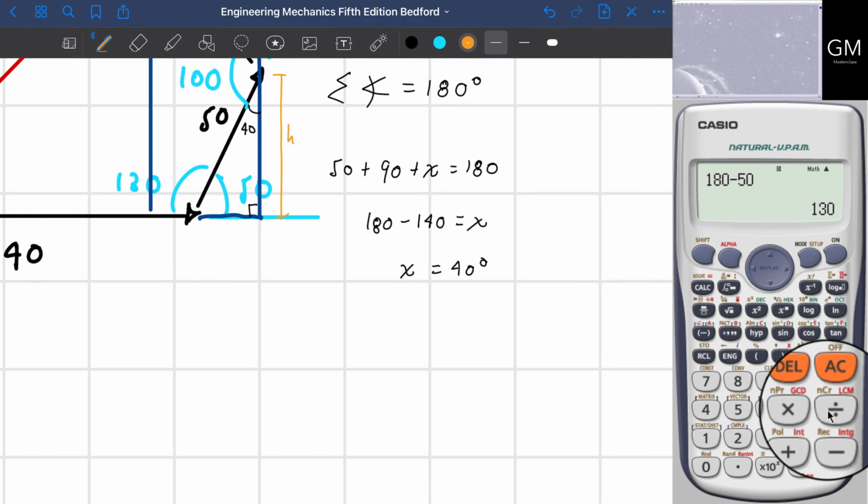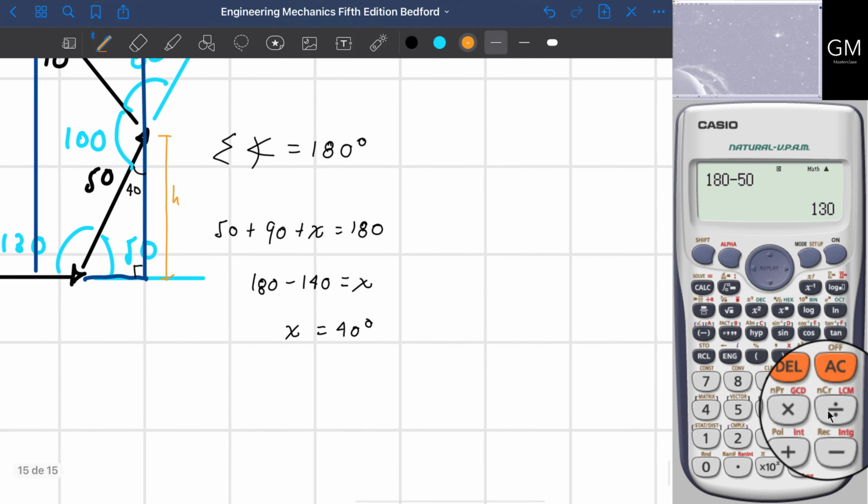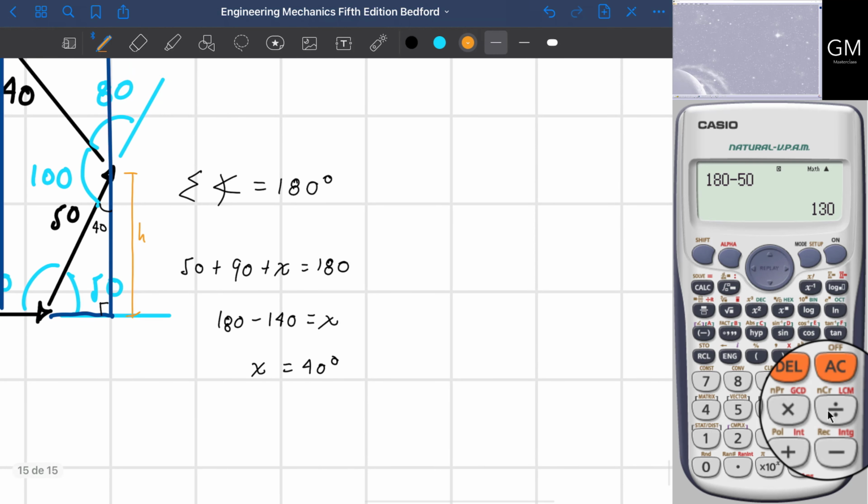I have the hypotenuse, I could get the result as follows. So right here I have, and I'm going to use sine. Sine of 50 equals h divided by 50. Hence h is equal to 50 multiplied by sine of 50.